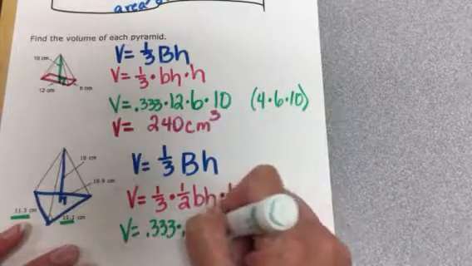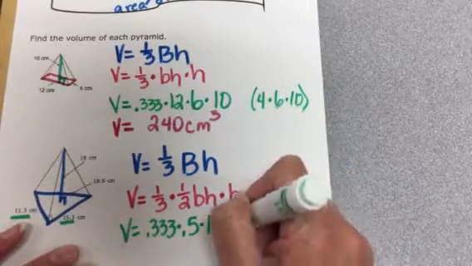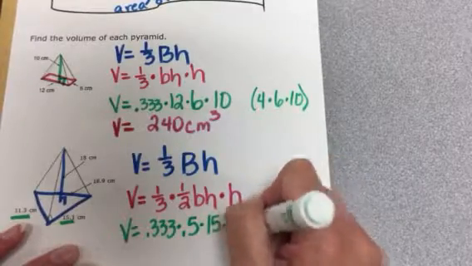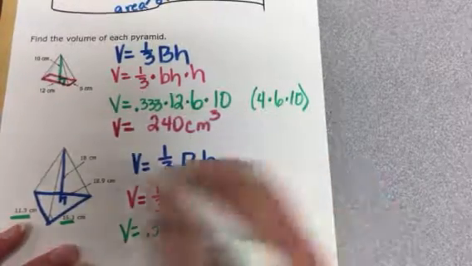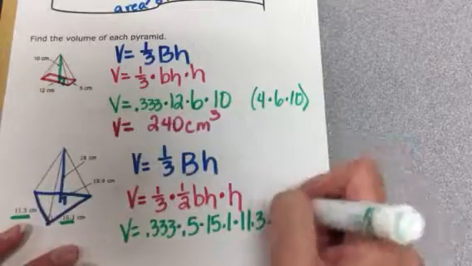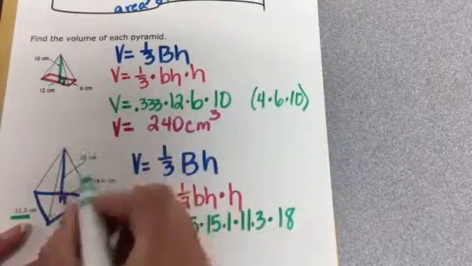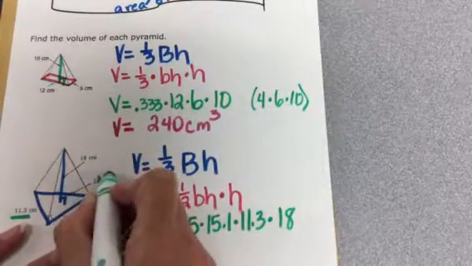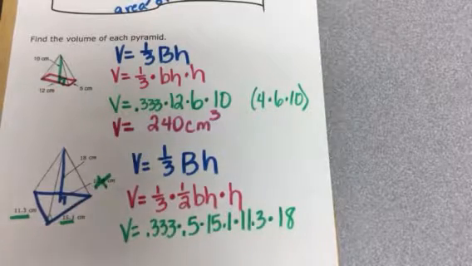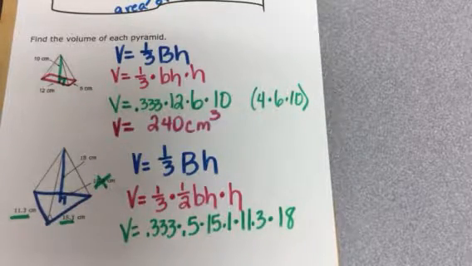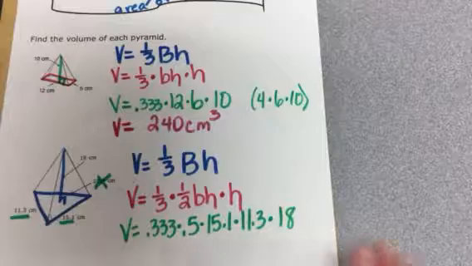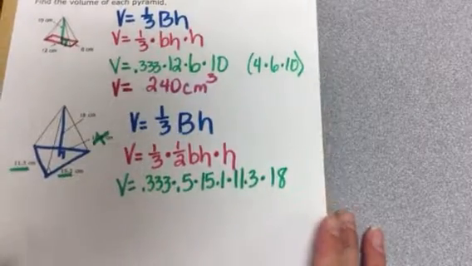So it's going to be 15.1, and the height of the base is 11.3, and the height of the whole figure is going to be 18. Notice that they give us the third side, which is actually the hypotenuse on that right triangle. We don't need that. That's additional information that we didn't have to use.